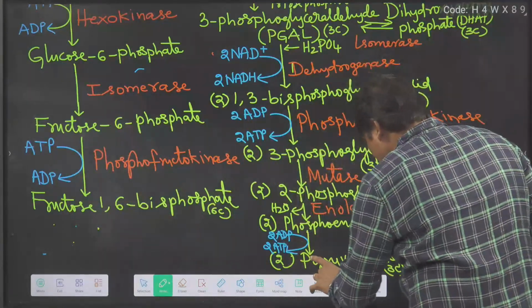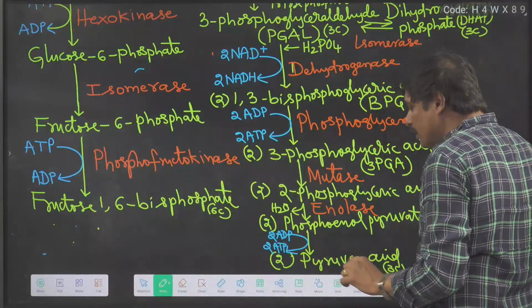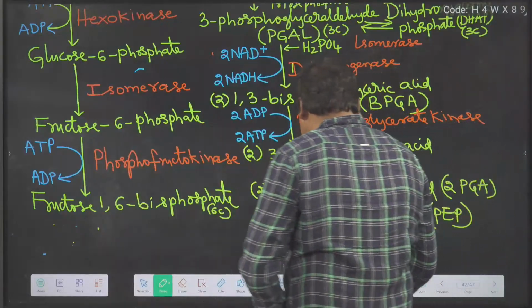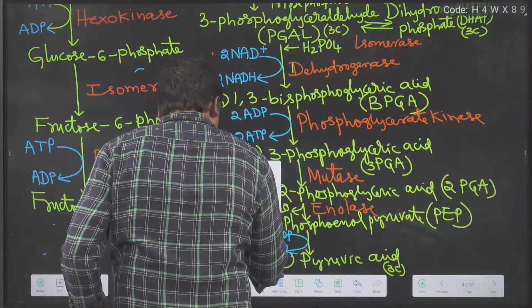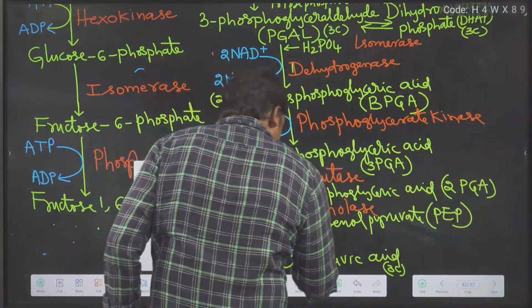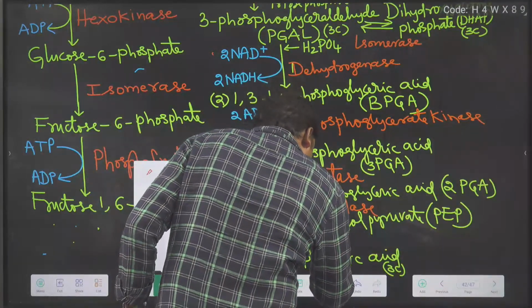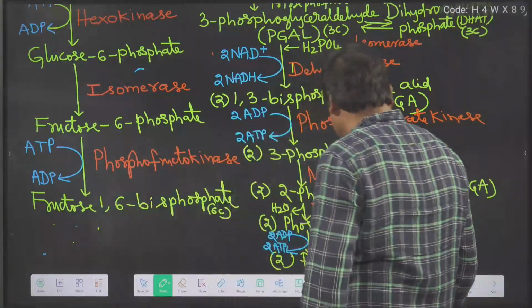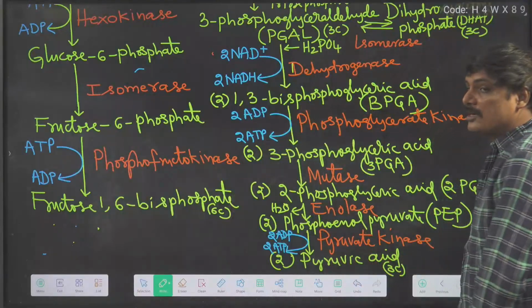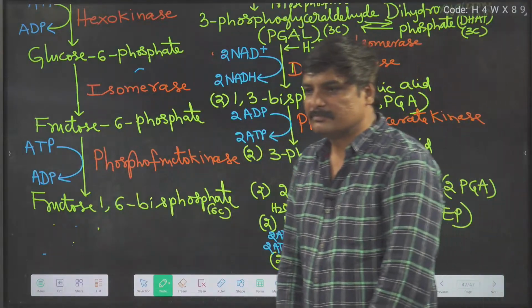And finally, pyruvic acid is formed. This reaction is catalyzed by an enzyme called pyruvate kinase. Simply you can write enzyme. And this is the end product of glycolysis.